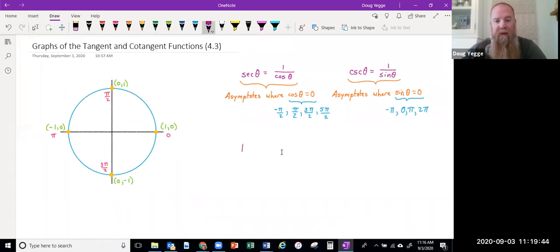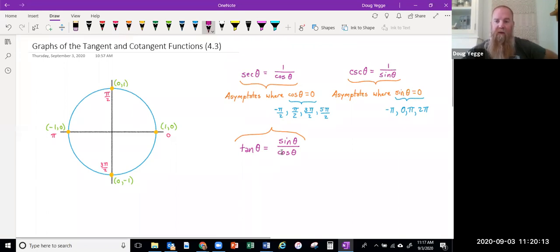If we look at the tangent function, tangent of theta is equal to sine theta over cosine theta. Notice that because there's a denominator of cosine theta, there are going to be asymptotes at the exact same places that secant of theta had asymptotes.